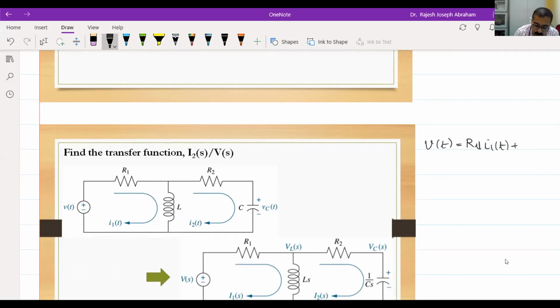See, I1 is from top to bottom and I2 is from bottom to top. That means the currents are in opposite directions. So the net current flowing through L will be I1 minus I2.